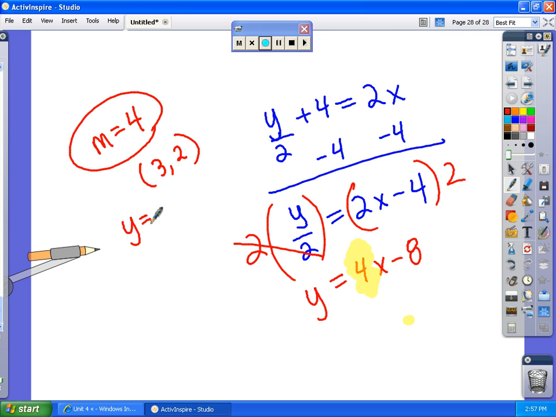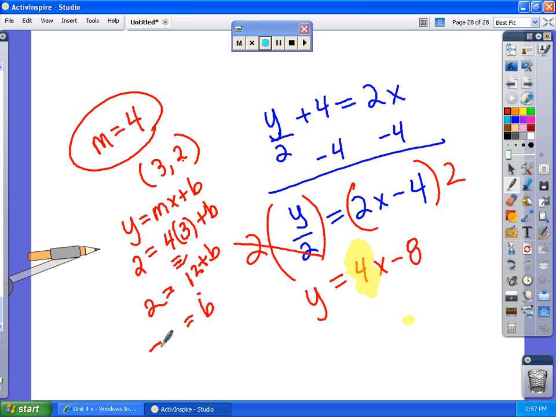So we're going to use that information to find out what the y-intercept has to be. So I'm going to put in the 2 for y, the slope, which we know has to be the same, the 3 for x, and the plus b. And then I'm going to get 2 equals 12 plus b. Subtract 12 on both sides, and b equals negative 10.